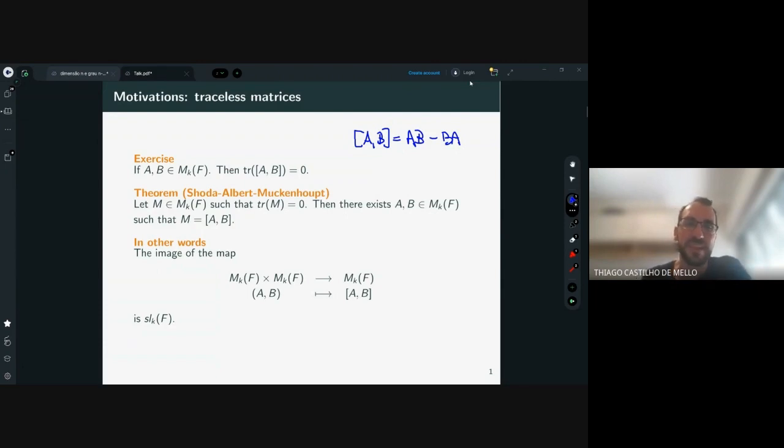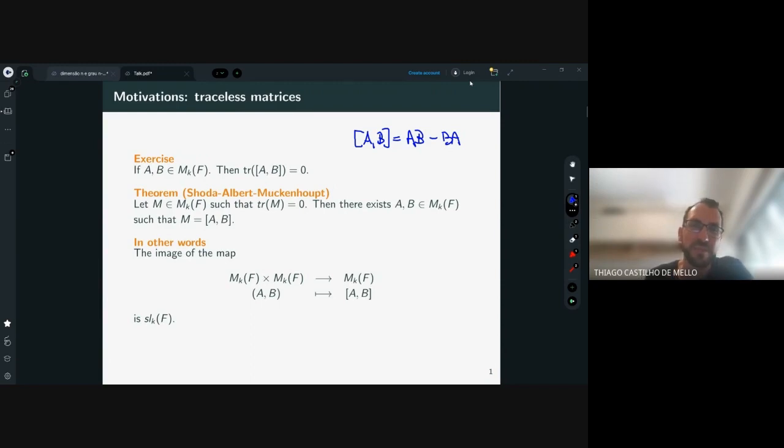And this is a result of Schroeder in the 30s, in the case of characteristic zero. And for arbitrary characteristic, it's a result of Albert and Lukenhaupt in the 50s of last century or millennium.